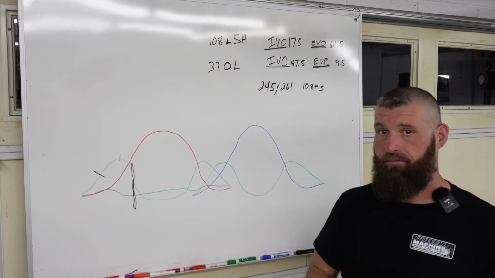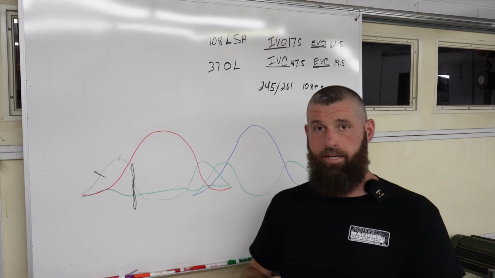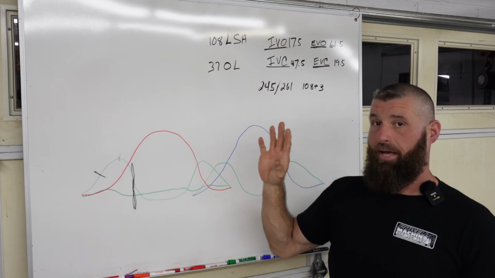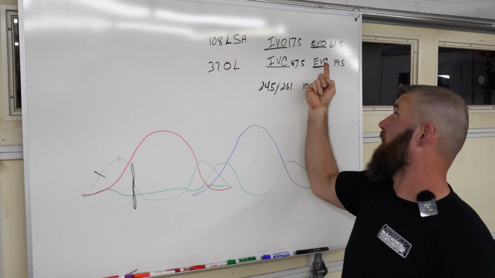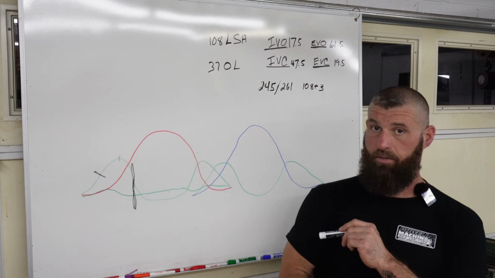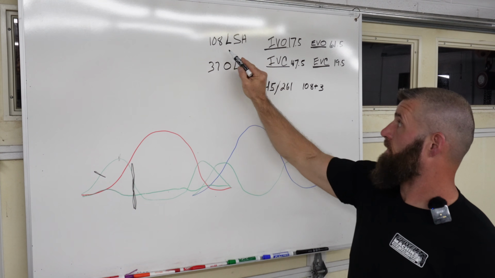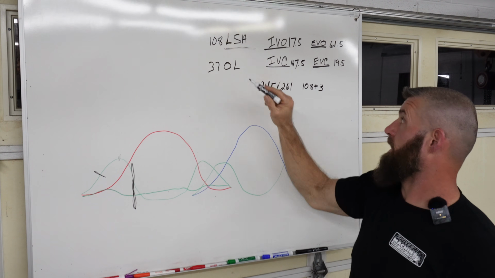And ideally, if a man had plenty of money and time, we would find a cam that works good, and then we would just start moving this number earlier. No other number would change. That's why this right here is nonsense. It don't mean anything.